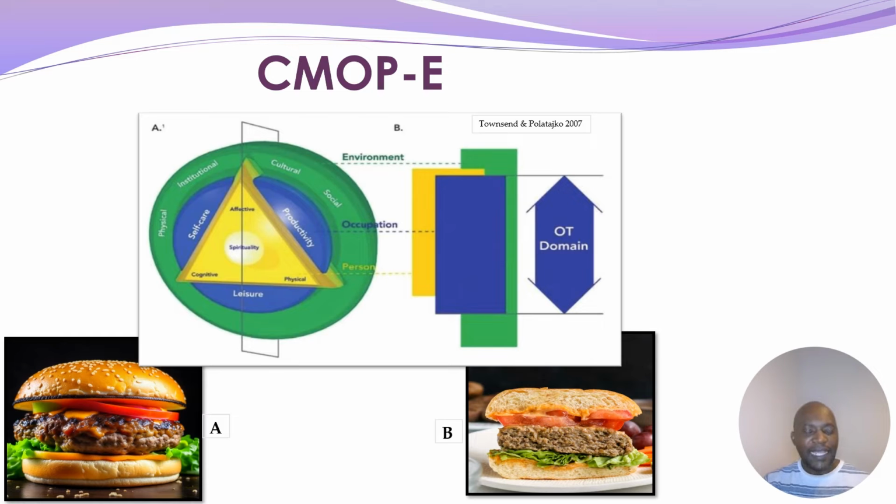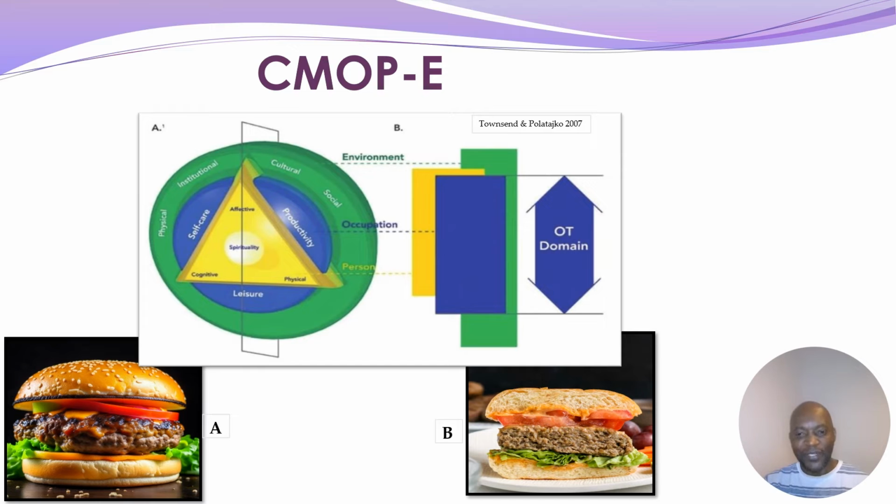Now, if we cut this burger in half, and then we look at the cross-sectional view, it will appear as burger B. So burger B is the cross-section, and it's actually showing us that there is a bridge between the two breads, and the burger patty, or the meat, or whatever it is, fish, or if you are a vegan, just imagine a vegan patty.